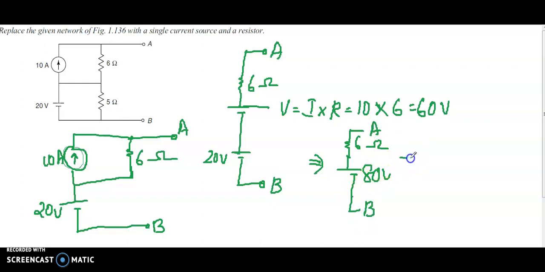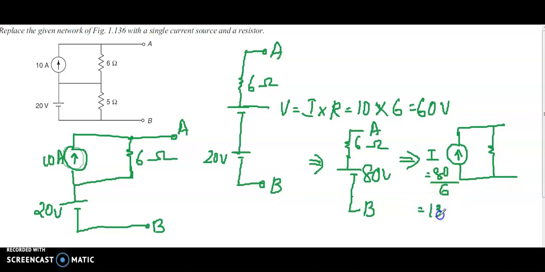Now we have to convert this to a current source with a resistor in parallel using source transformation. This I is equal to V by R, V is equal to 80 volt and R is equal to 6 ohm, that is equal to 13.3 ampere, and here the resistor we can put as 6 ohm itself.